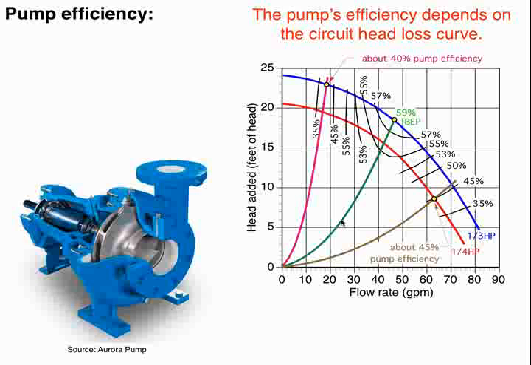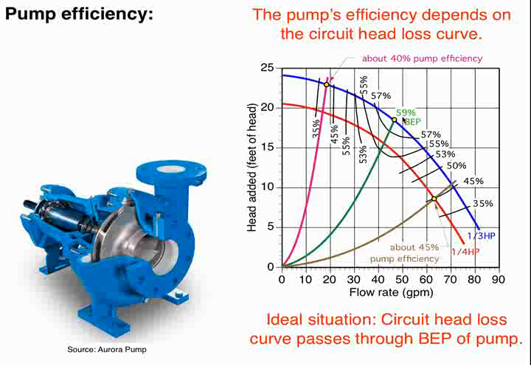But if we happen to have a circuit head loss curve that looked like this and it passed right through that point, we would be at 59% efficiency. So again, the goal as a designer is to try to keep the intersection between the circuit's head loss curve and the pump or the circulator that you select reasonably close to the center of that pump curve. That's where you're going to operate at the preferred conditions. Okay.